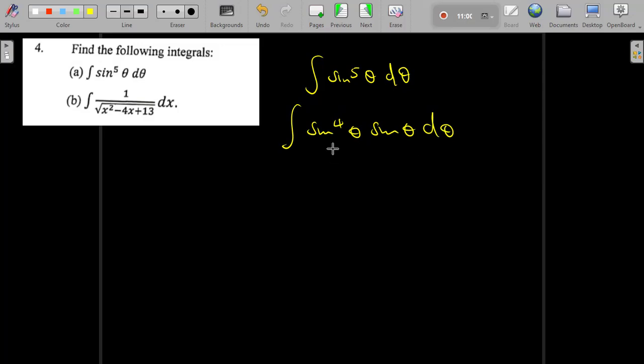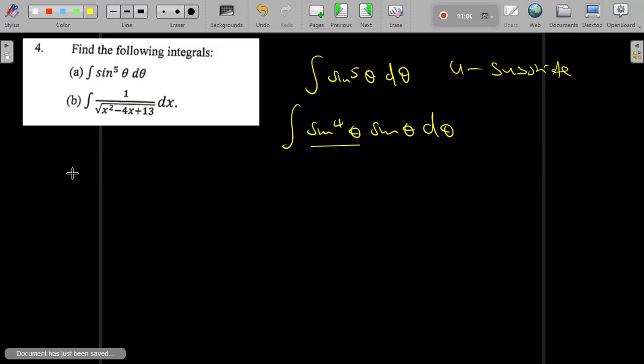And now you want to get rid of what? You want to easily replace this using something that we are calling the U substitution method. But how do we introduce that U substitution here? It's very easy. What you can do is first write the even part in terms of cos.